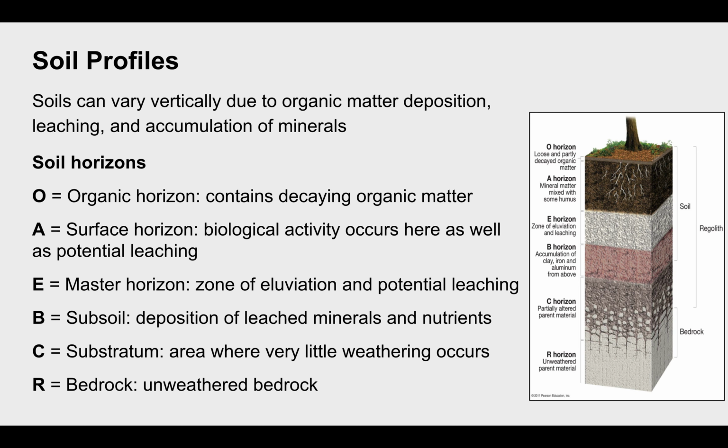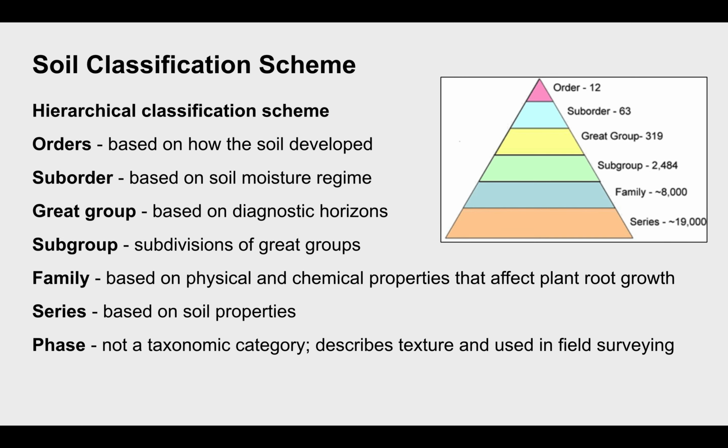So we have all these different ways of looking at soil. Now, when we look at soil horizons and soil profiles, right, based on how much of each layer is present, we can then classify our soils into these different hierarchical, I have the hardest time saying that word, classification schemes, right? So basically, at the very basic level, would be a series, right?